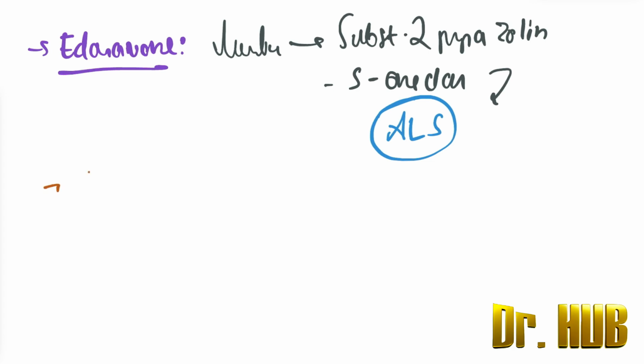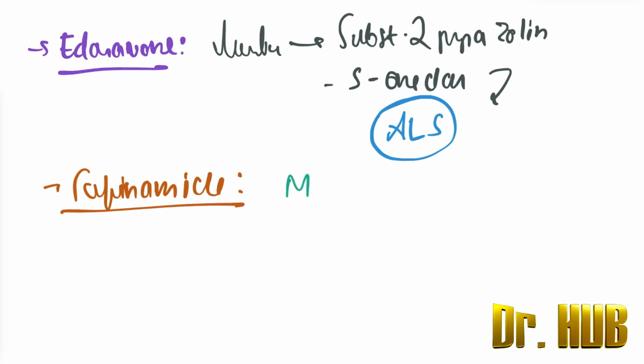Then we move on to the safinamide. The safinamide is nothing but a monoamine oxidase, that is MAO, type B inhibitor.